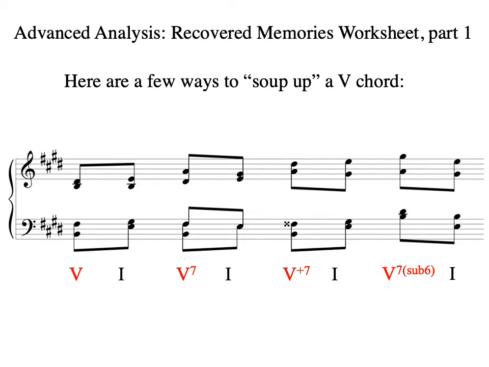Sometimes they get rid of the 5th in their chord entirely, and they put a 6th instead. Instead of that chord being B, D sharp, F sharp, A, I get rid of the F sharp, which is the 5th, and I add a 6th above the root instead. So B, D sharp, G sharp, and A. And listen to how dissonant that chord is.